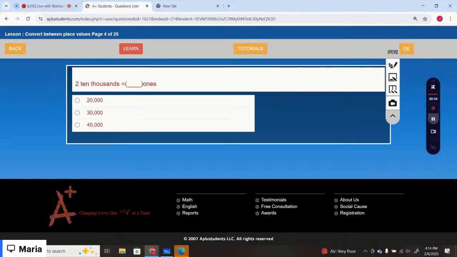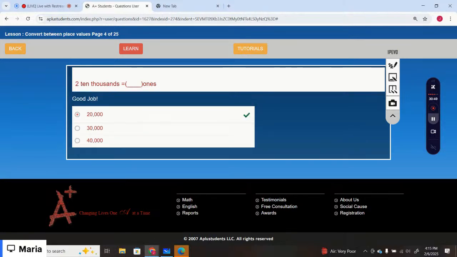2 ten-thousands equal how many ones? 2 ten-thousands equal 20,000 ones. Option number 1 is the correct option.